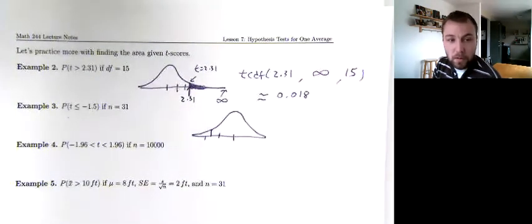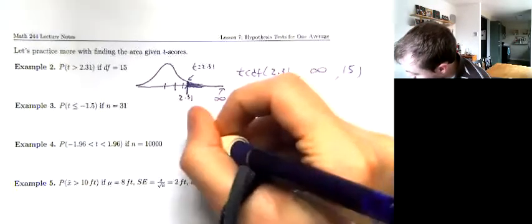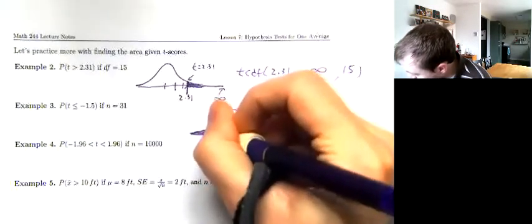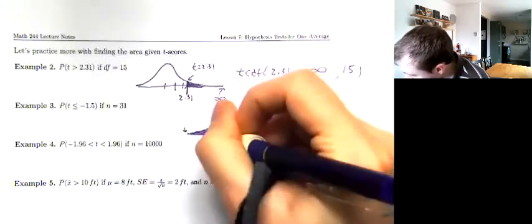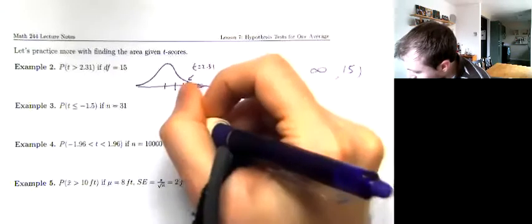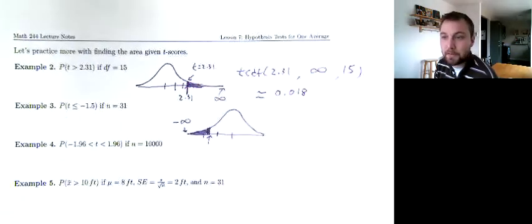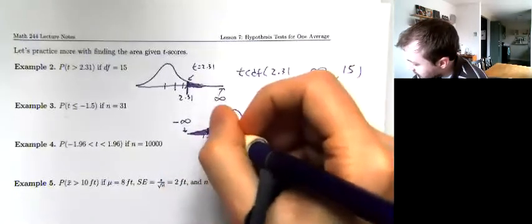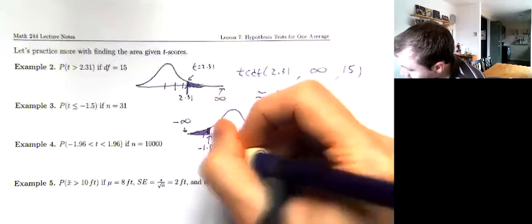This says or less, so I'm going to shade to the left side. Where does this thing start getting shaded in and where does it stop? Well, it starts at negative infinity. It keeps going on forever in that direction. And I stop shading it at a t-score of negative 1.5.